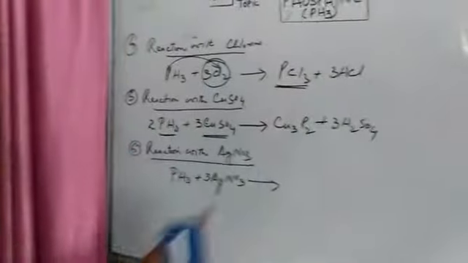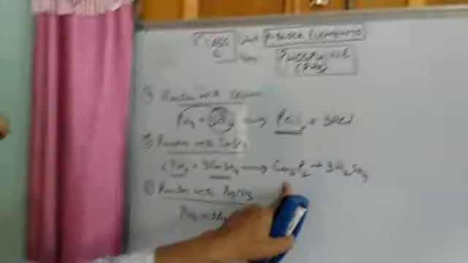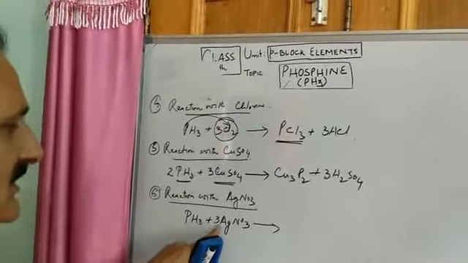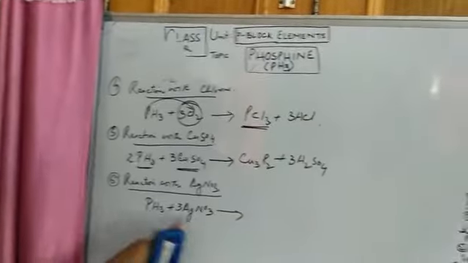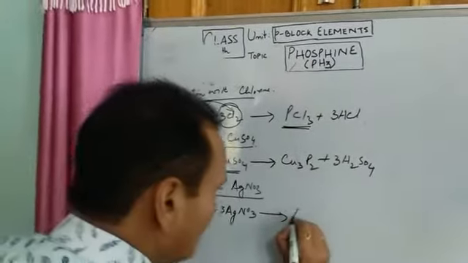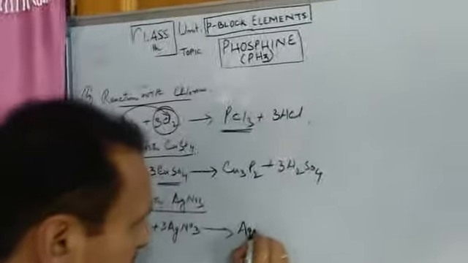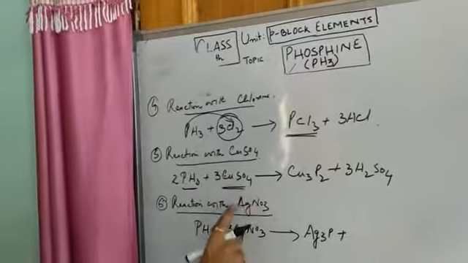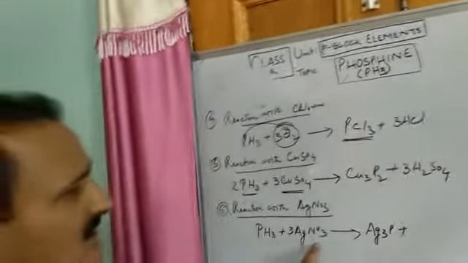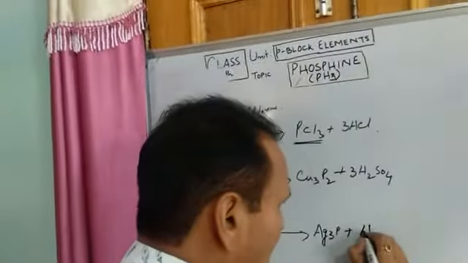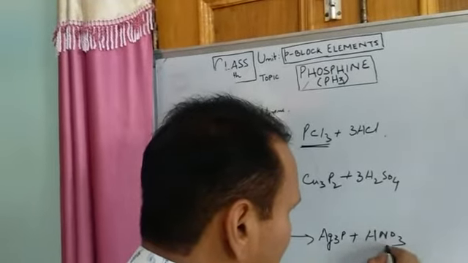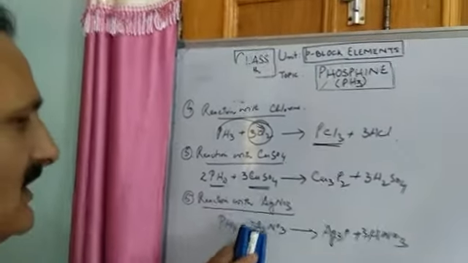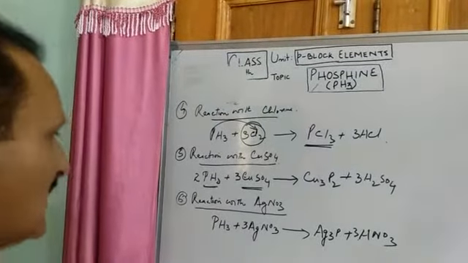Now see, in the earlier case copper phosphide was formed. Here we don't have any copper, we have silver instead. So this time silver phosphide, Ag3P, will be formed, and this time no sulfuric acid, since we have no sulfate salt here, we have a nitrate salt. So another acid will be formed, that is nitric acid. So this is the reaction of phosphine with silver nitrate.